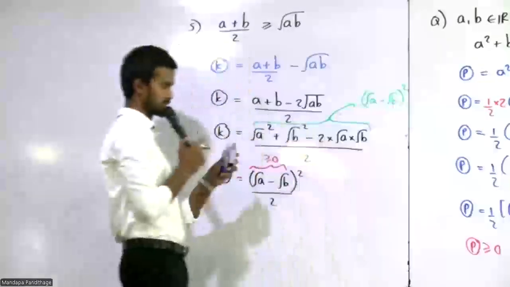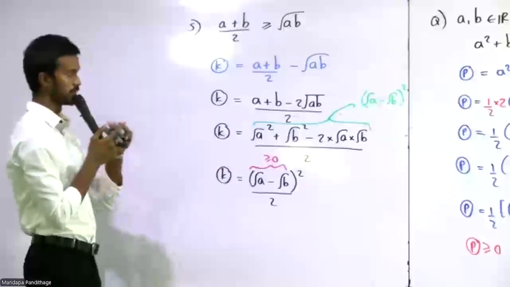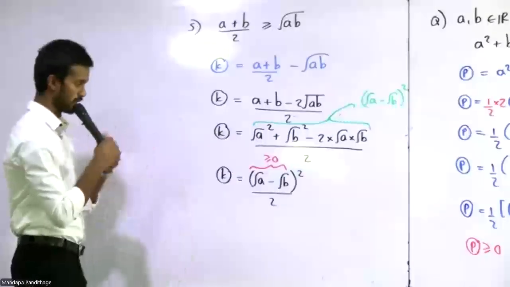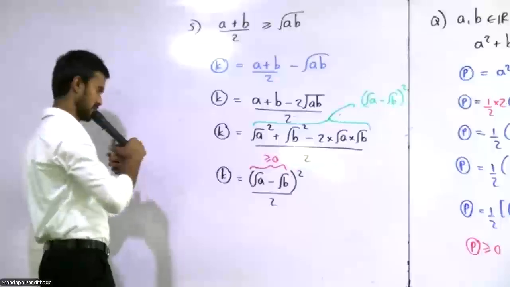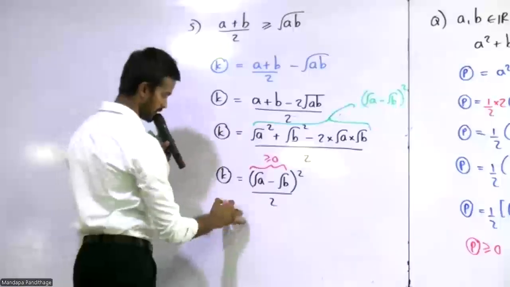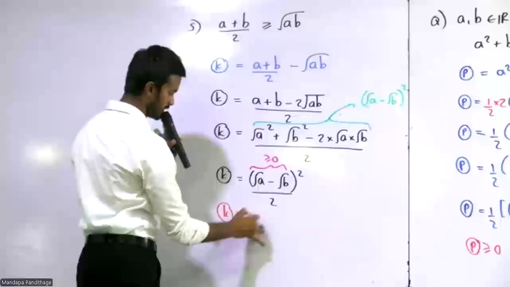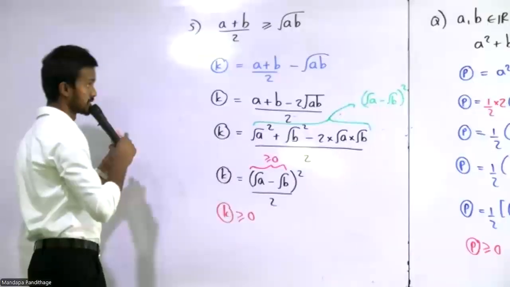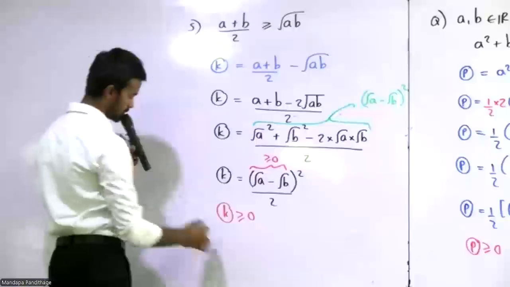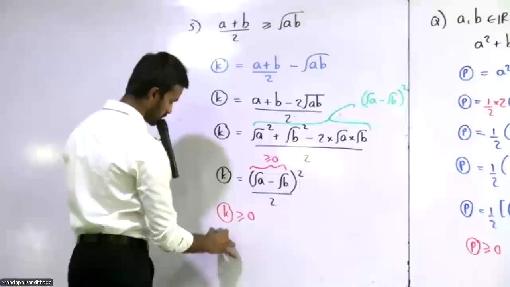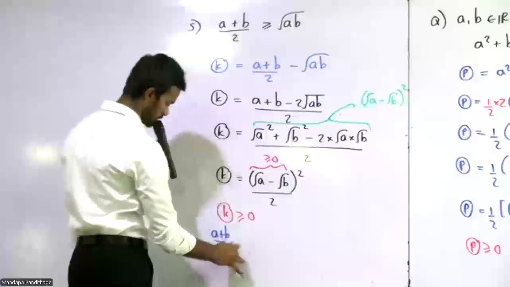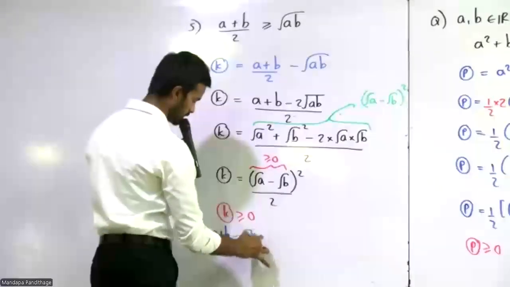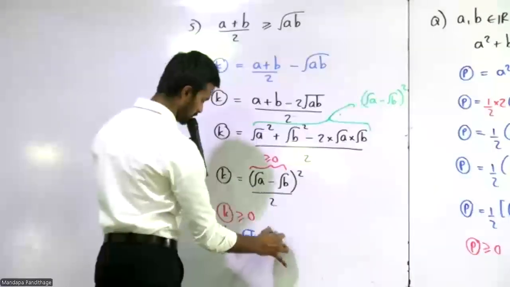Clear? So this is how you can do this. It's root a minus root b squared. Then you can say that k is greater or equal to 0. And then write the final answer. What is the final answer? a plus b over 2 minus root ab is greater or equal to 0.